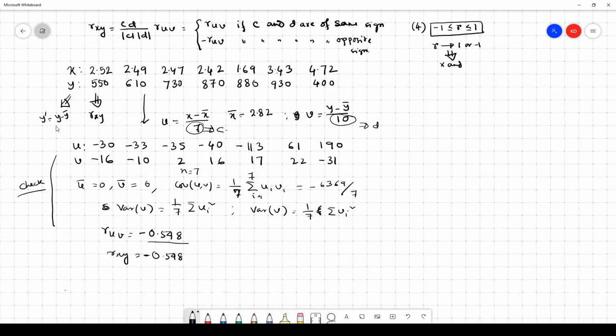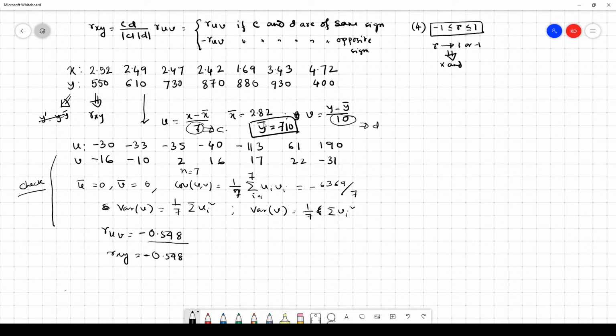Oh, okay, mean of y. Sorry, I forgot to write this mean of y. I think you can sum up and divide by 2. You can check the mean of y is nothing but 710.